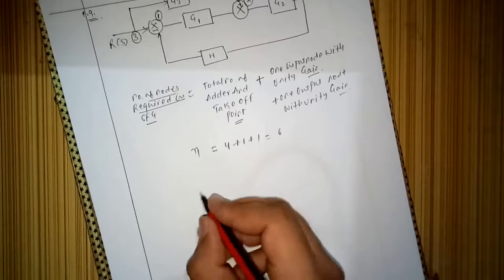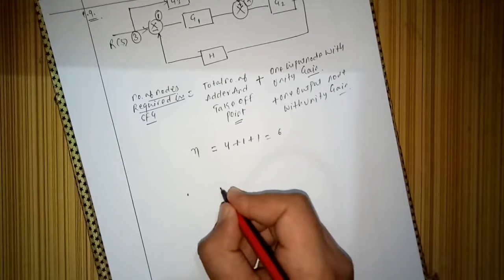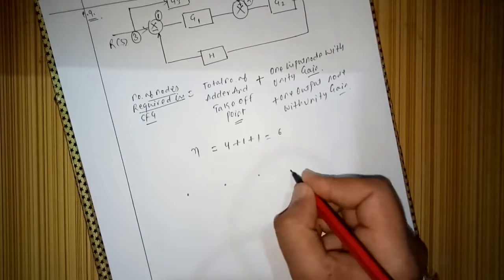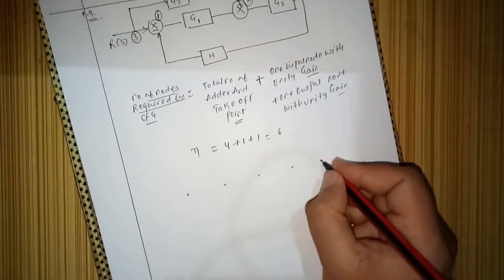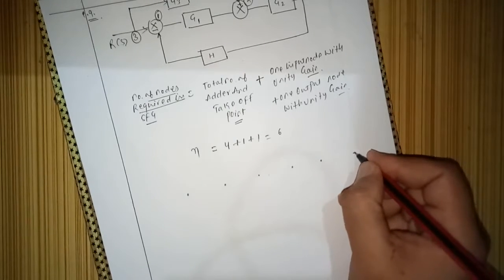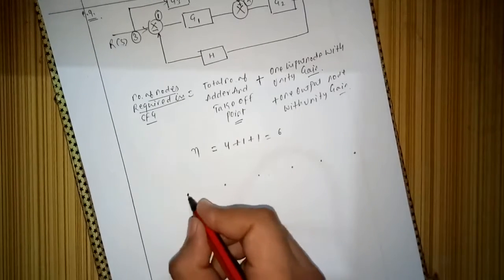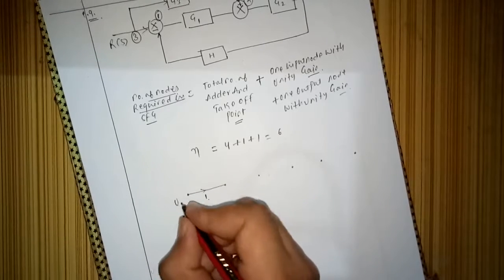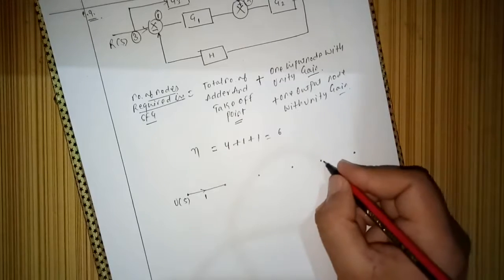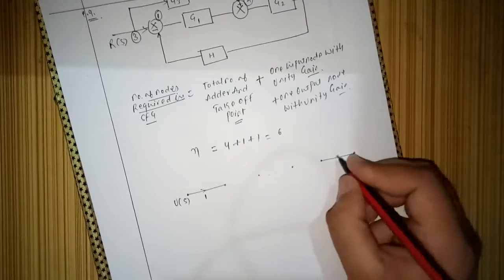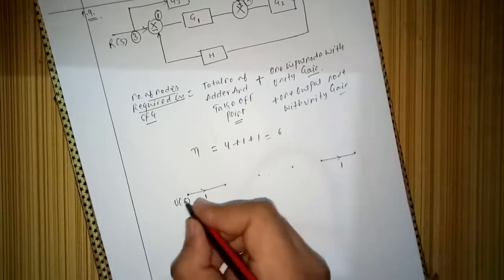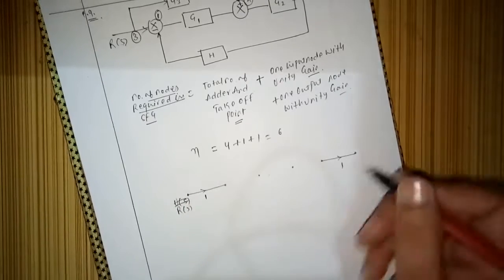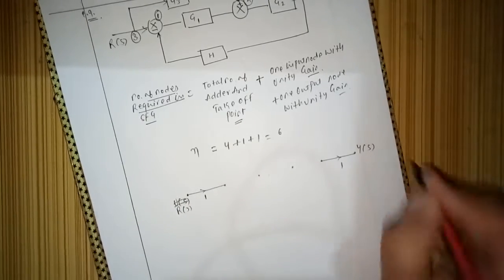So let me mark 1 2 3 4 5 and 6, and 2 nodes will be with unity gain, so I represent it like 1 with US and 1 here with YS.